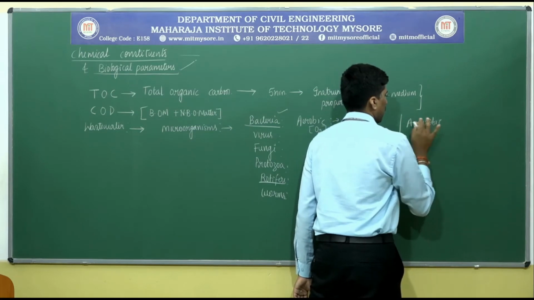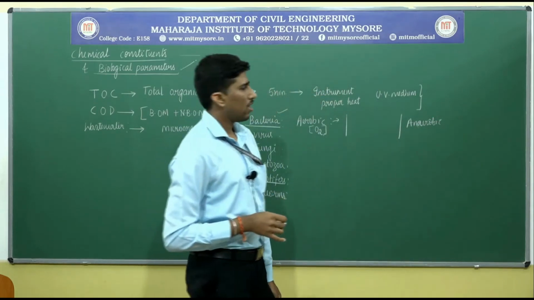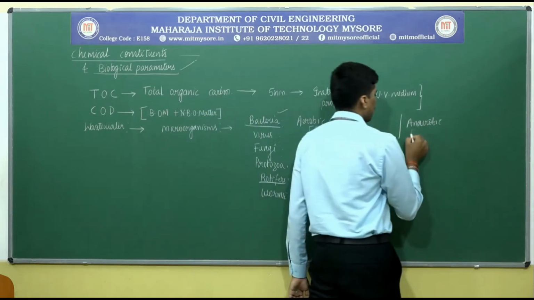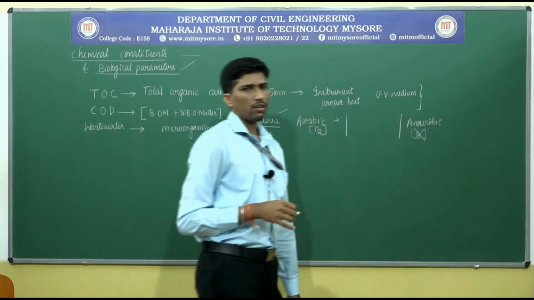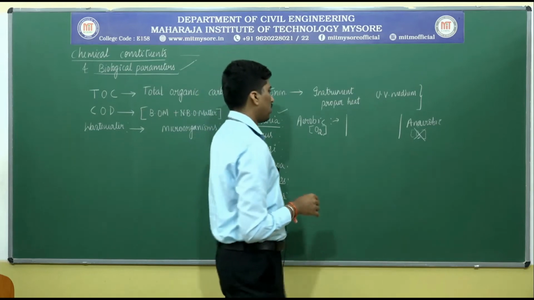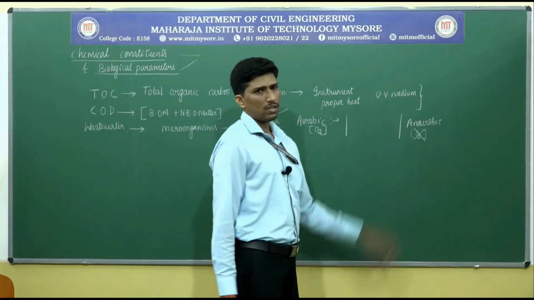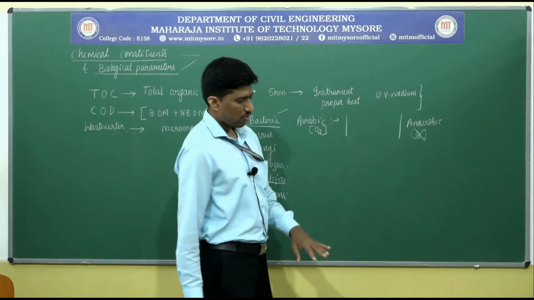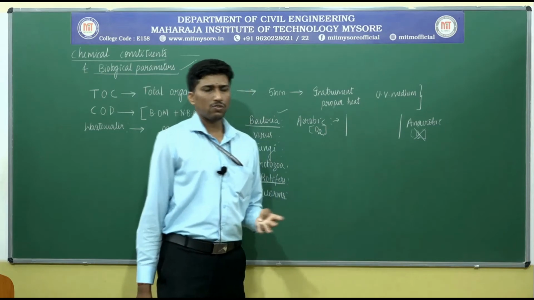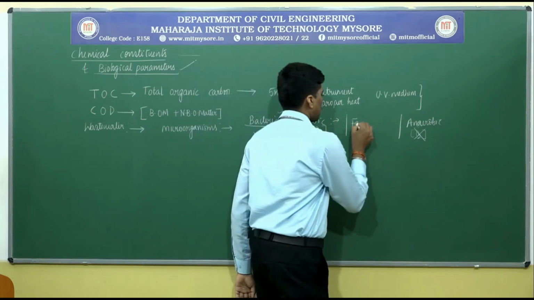In this type of bacteria, they do not depend upon the oxygen content; they go for biological degradation and there is no utilization of oxygen. In the absence of oxygen, the bacteria grow. That is the specialty case. One which has the characteristics of both aerobic and anaerobic, we call a facultative bacteria.